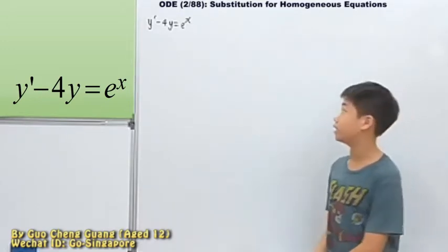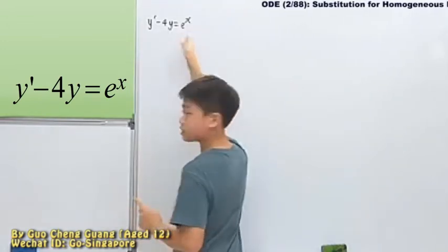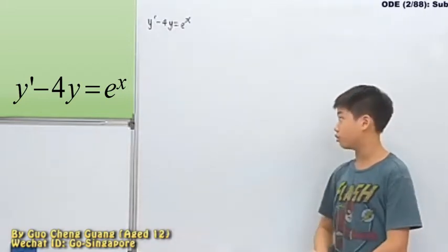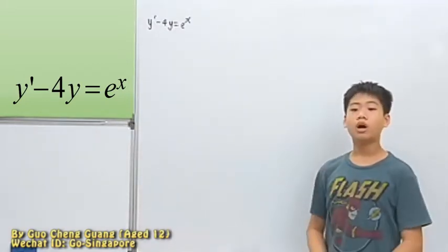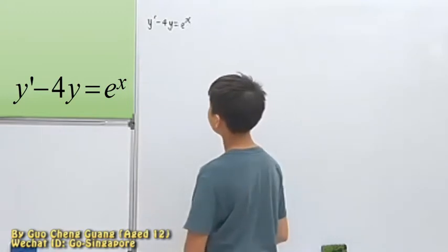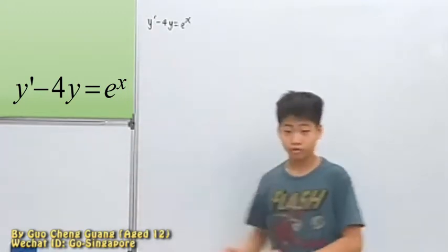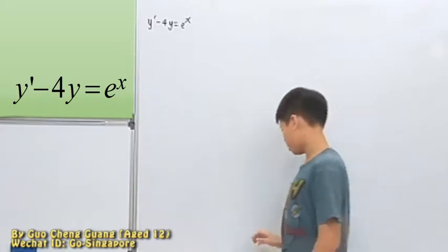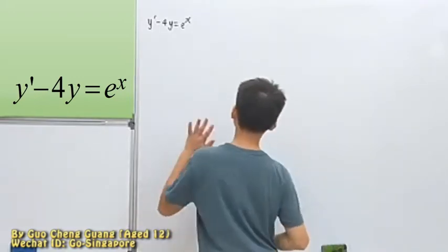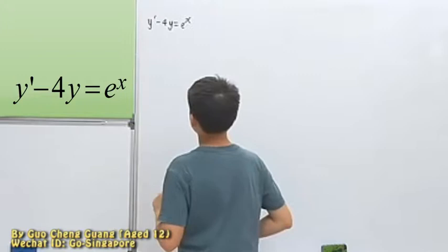So yes, they are linear. But this is not equal to 0. That means this is non-homogeneous. This is the first derivative. You have to be careful of that. So with all of these, we could start this.